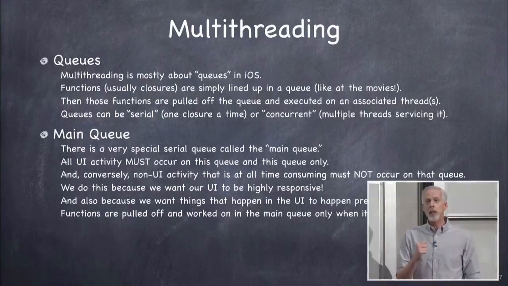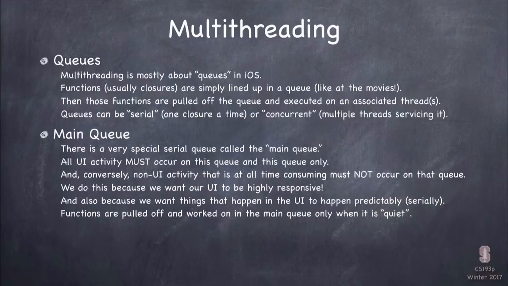One important queue, of course, is the main queue. This is the queue on which all the UI activity is happening. It's not only the queue that all UI activity is happening in general, but it's the only queue that UI activity can happen on. And that's because it's a serial queue.